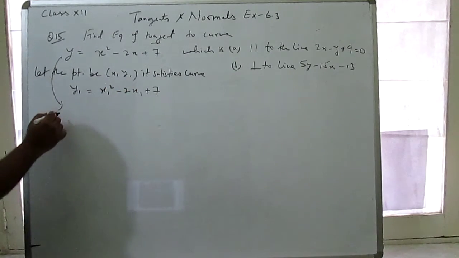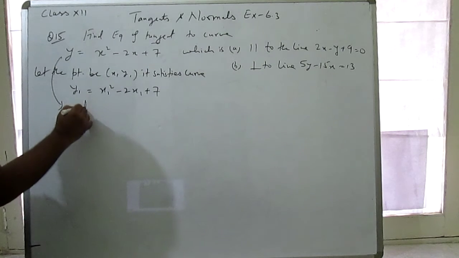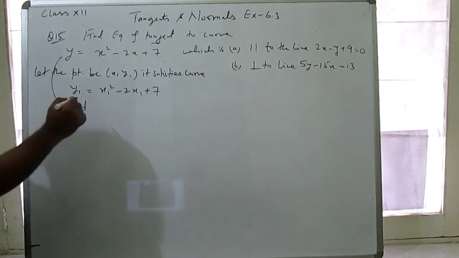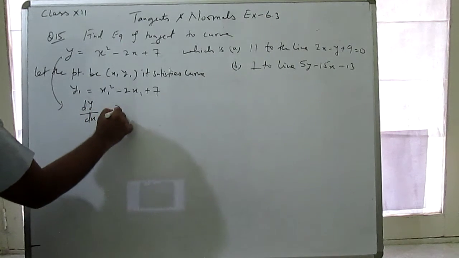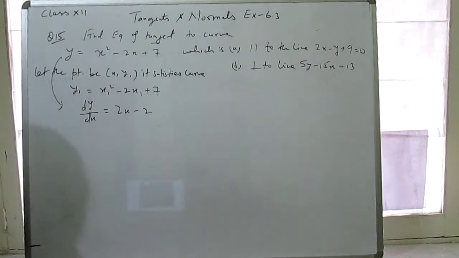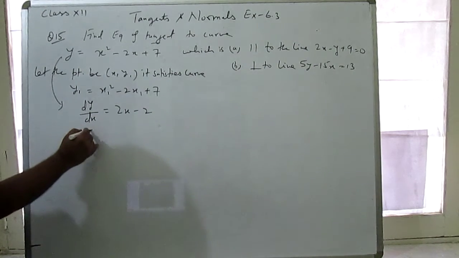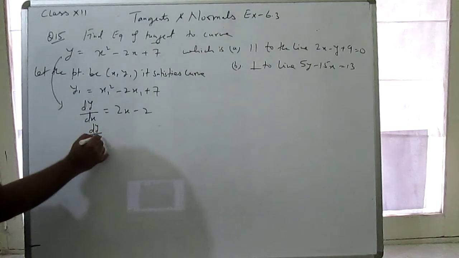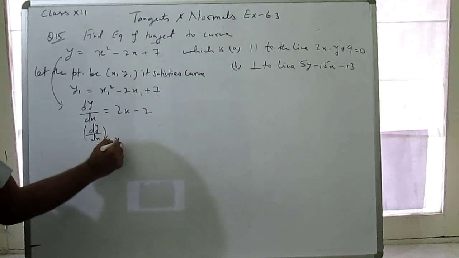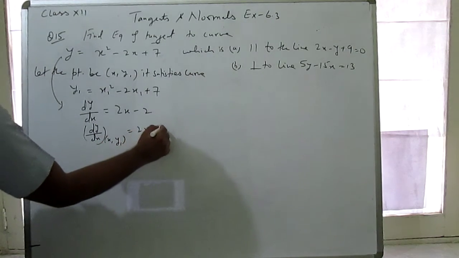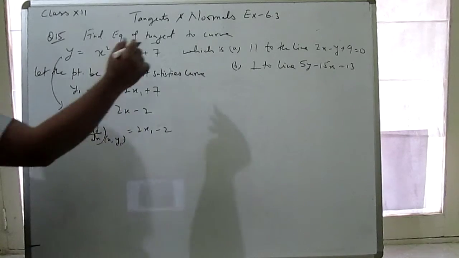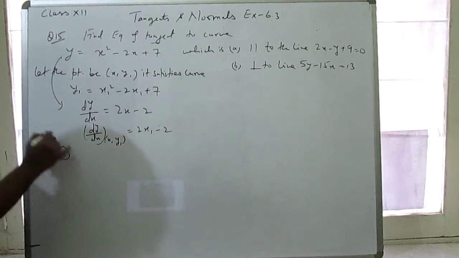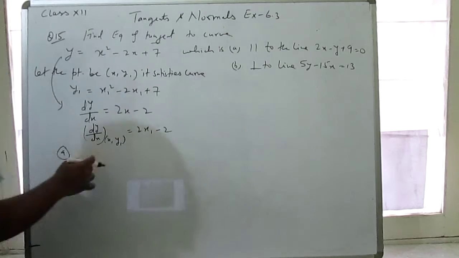Now slope of tangent dy by dx, slope of tangent is equal to 2x minus 2. Now dy by dx at x1, y1 is 2x1 minus 2. Now this slope, in first case, in a part, this slope is parallel to the line.